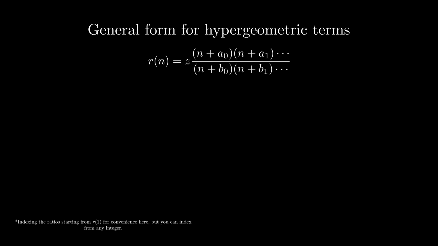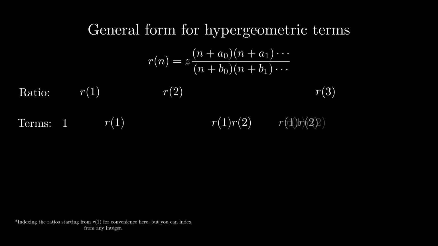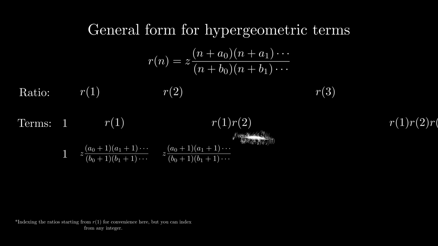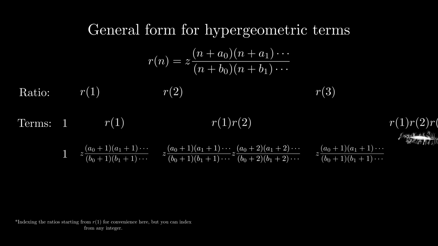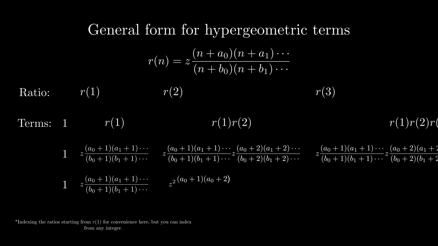Before diving straight into hypergeometric sequences and series, let's take a minute to talk about the individual terms. It turns out there is also a general form for hypergeometric terms. To get a feel for what it might look like, let's start with an arbitrary rational function for the ratio of consecutive terms, and multiply the ratios one by one to obtain our terms. Once these ratios are expanded, you can group the factors like this.